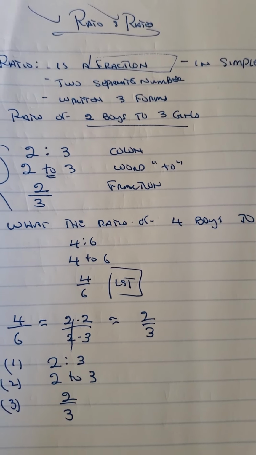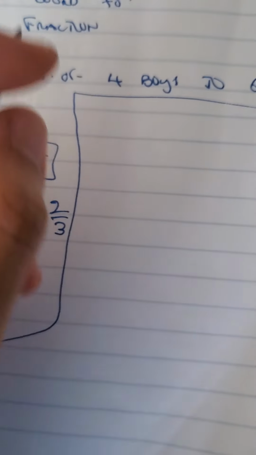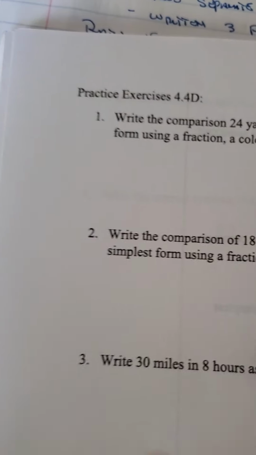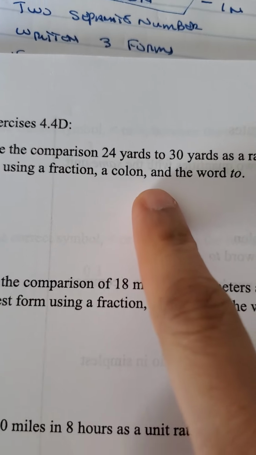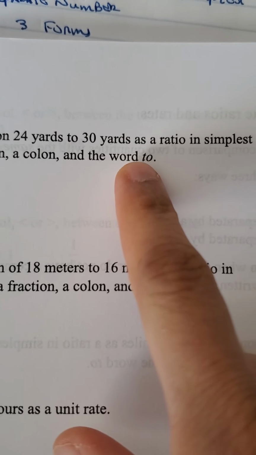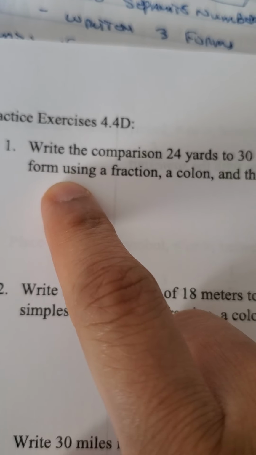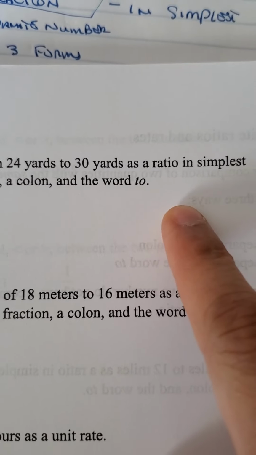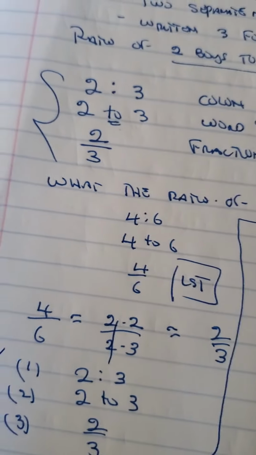In a minute, we're going to talk about rate. Okay, so your wonderful text presented two problems. Here's the problem right here. It says write the comparison 24 yards to 30 yards as a ratio in simplest form. Here they're giving you your warning: using a fraction, a colon, and the word "to." So they're looking for all three forms of answers.